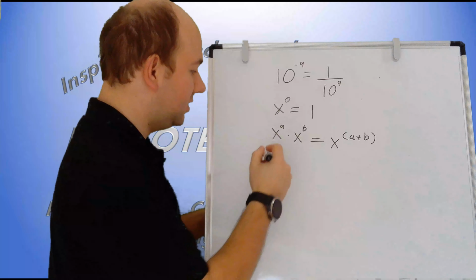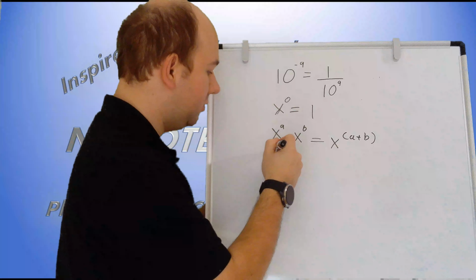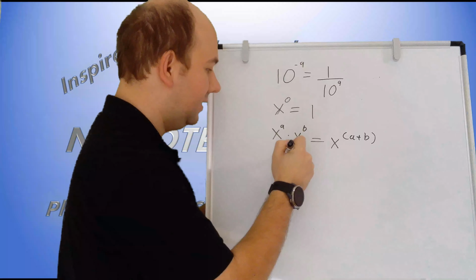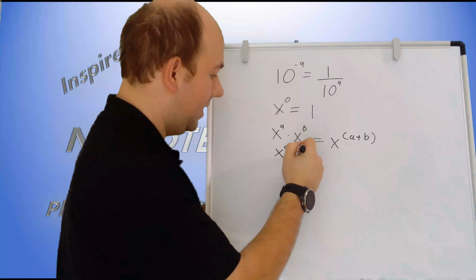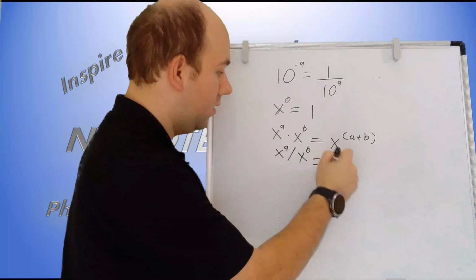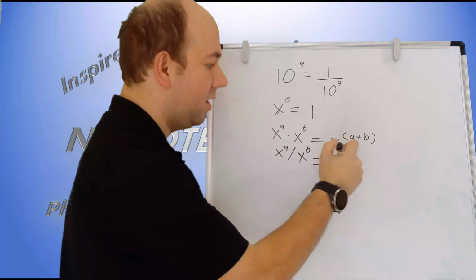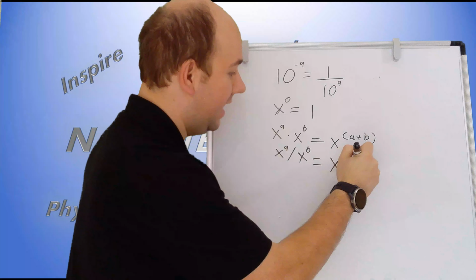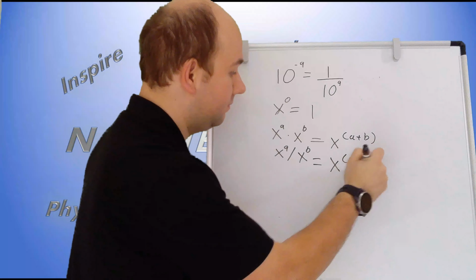Similarly, when we divide, if we do x to the a divided by x to the b, the exponent goes negative in the bracket, so you have a minus b.